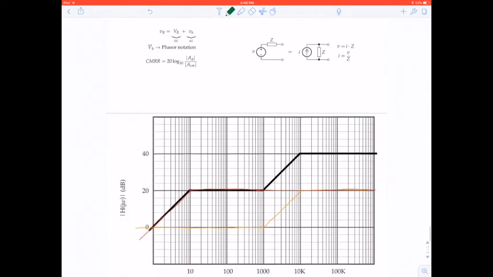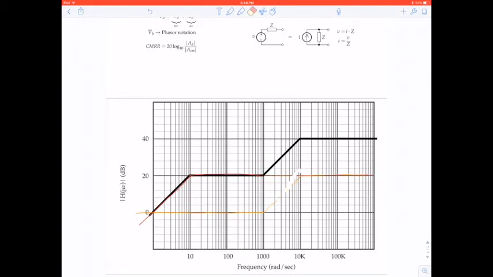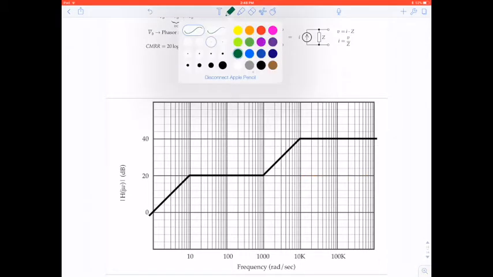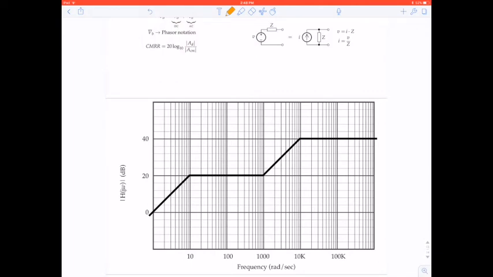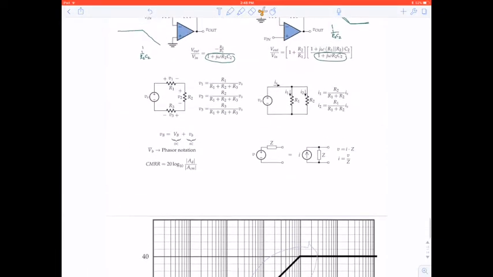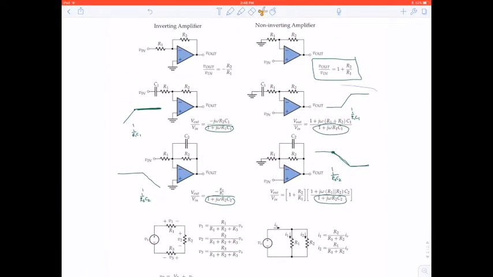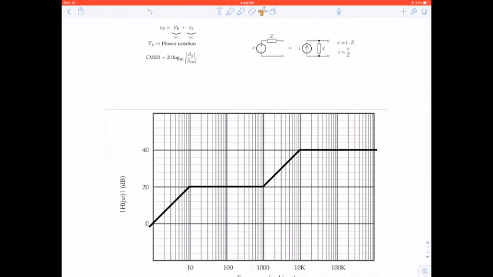Let me erase these and take a look at this filter right here. It has a step-up type response, very similar to the one shown in this circuit, except this one always goes from 0 dB up to the higher gain, and the response we want appears to start at 20 dB.